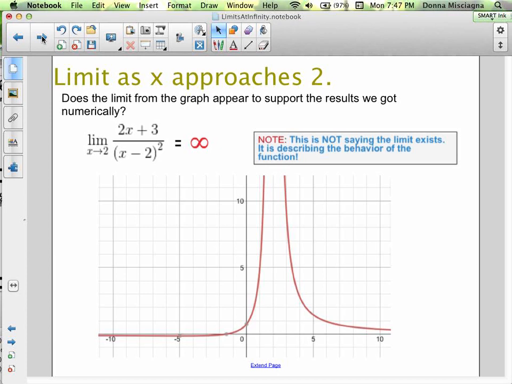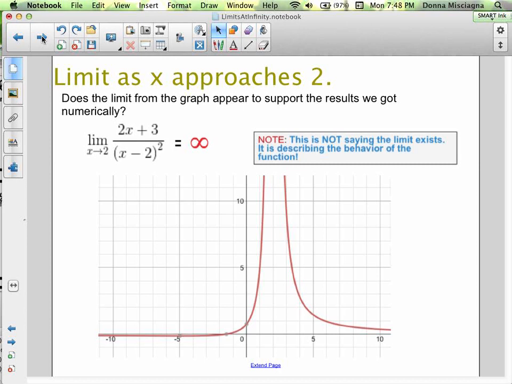Here we're looking at the limit as x approaches 2 from the right-hand side and the left-hand side. Notice that this graph only goes to 10 because it's kind of hard to make a graph that goes all the way up to 700. But notice that from either side, they are not going to be meeting together. There's not going to be a turnover point where somehow we reach some kind of finite value.